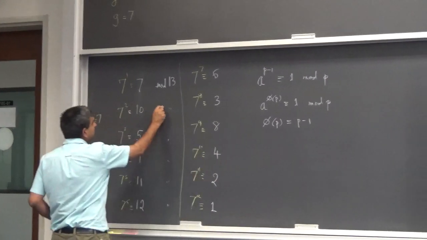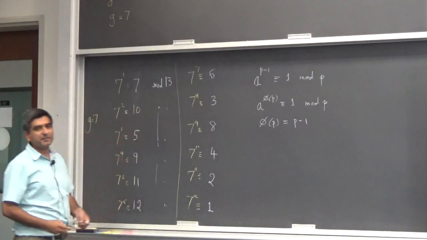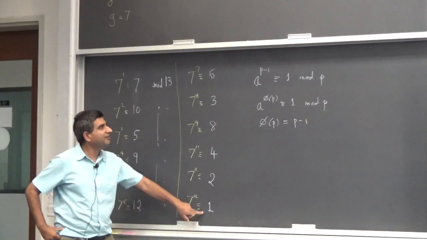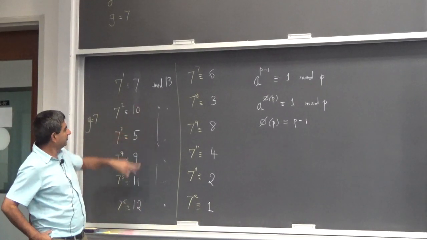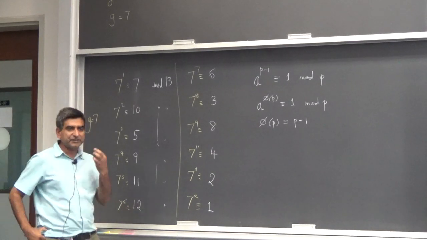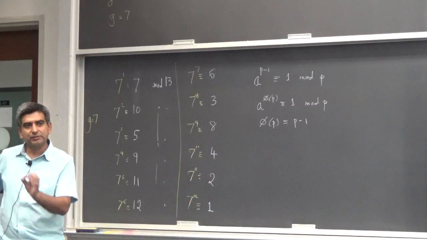Everything is mod 13, keep that in mind. So all of these numbers are distinct, and they span from 1 to 12, which is 1 less than the prime number p. That's why g is a primitive root modulo 13.